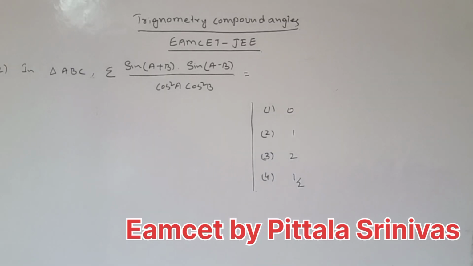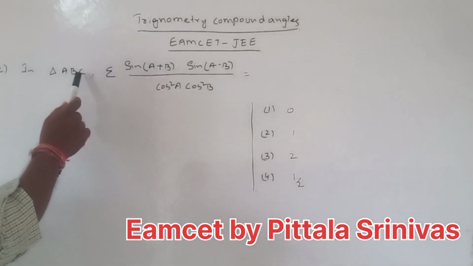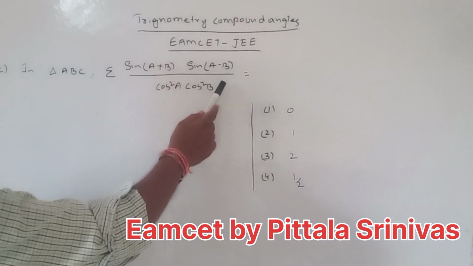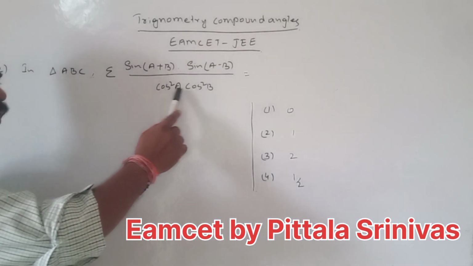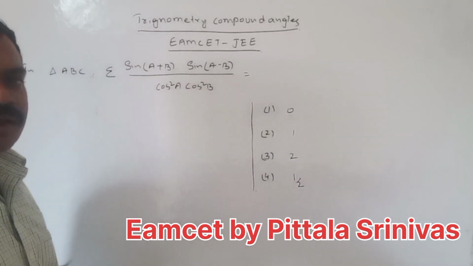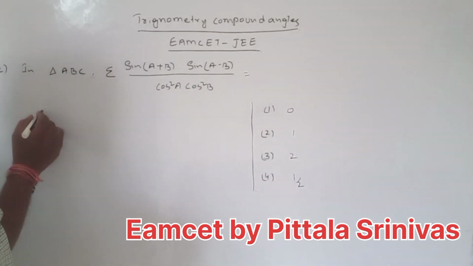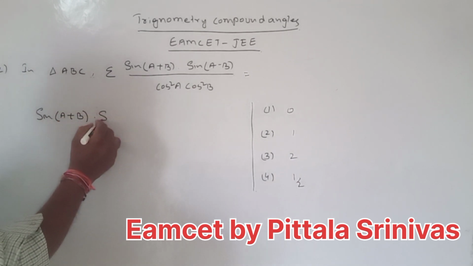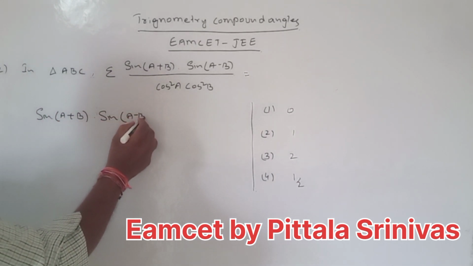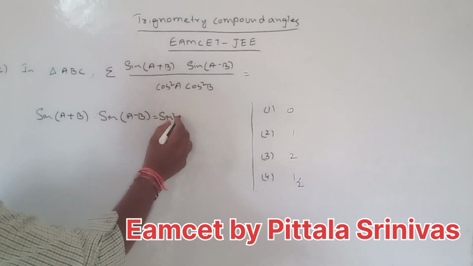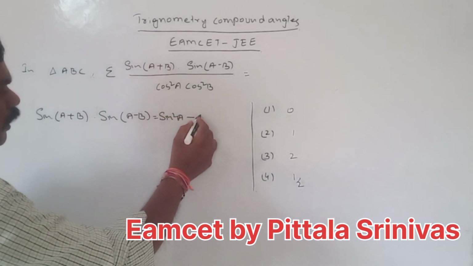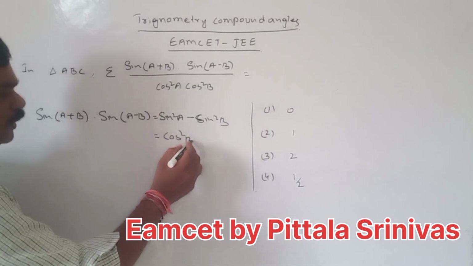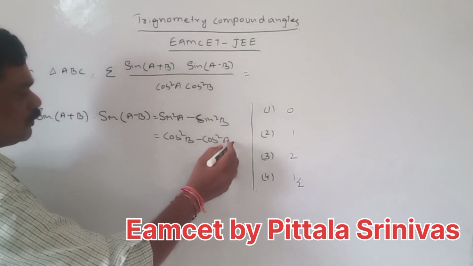Dear viewers, we have the problem: in triangle ABC, sigma sin(A + B) into sin(A − B) by cos²A into cos²B. So you observe here, sin(A + B) into sin(A − B) is equal to sin²A − sin²B, or cos²B − cos²A.